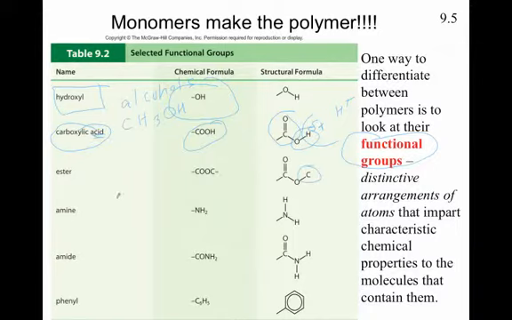Amine, I want you to know the amine. We're going to see it when we look at amino acids. It has a nitrogen in it, and it is a derivative of ammonia. That's why it's easy to remember. All you've got to remember is nitrogen. But amines act very particular. They have great physical and chemical properties. The other one's the amide. Again, we're taking off one piece and adding that.